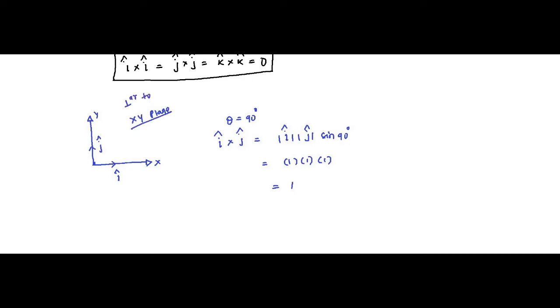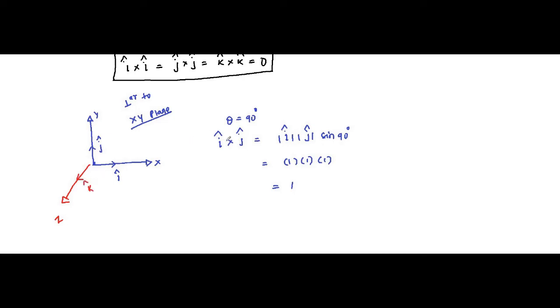So the direction of the resultant vector will be perpendicular to the xy plane, in the direction of the z axis. And we have unit magnitude directed along the z axis, which means it is k cap.